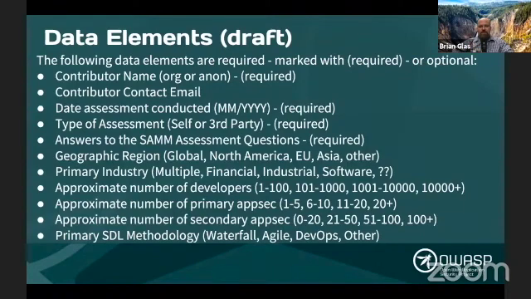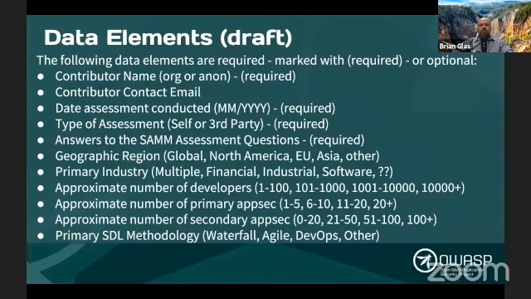primary AppSec, secondary AppSec, which is essentially like champions or security champions, security ninjas. Different organizations have different terms for them. And then primary SDL methodologies.